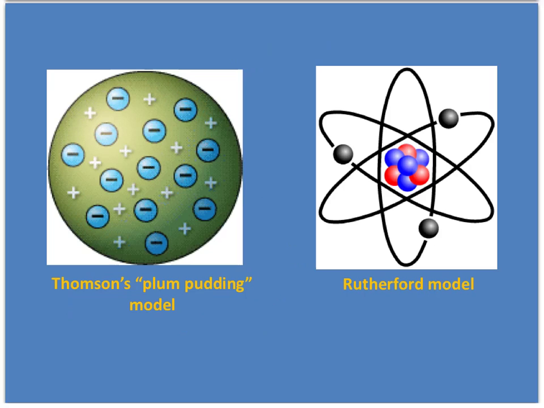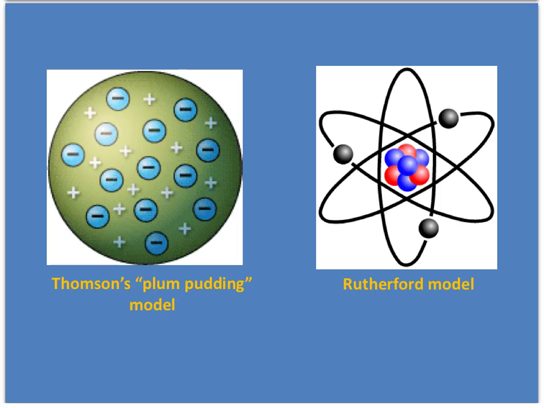If we look at these two models, on the left we have the Thompson model, or the plum pudding model, where he stated that the atom is a positively charged body with negatively charged particles embedded within it.